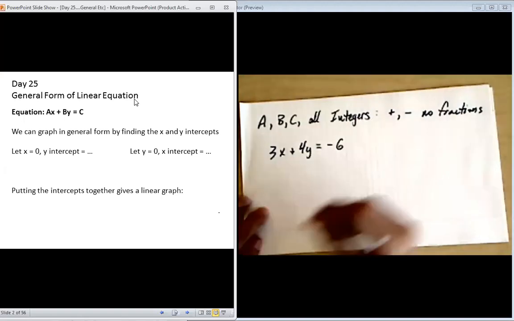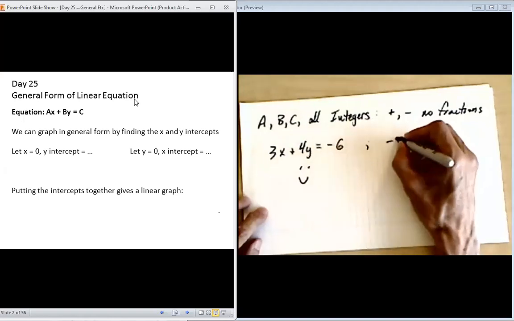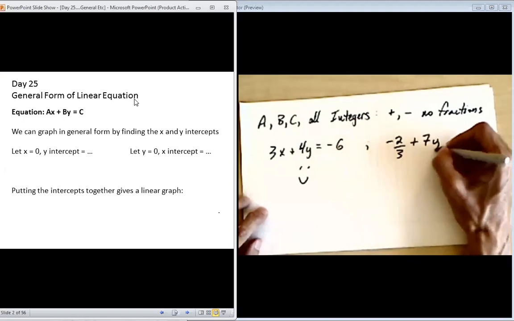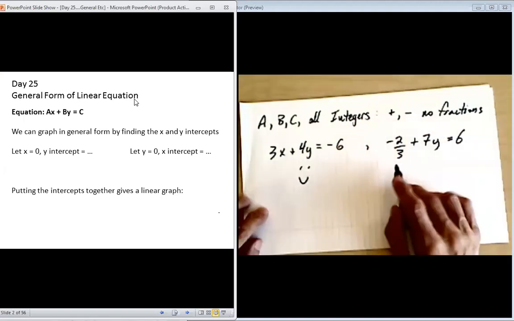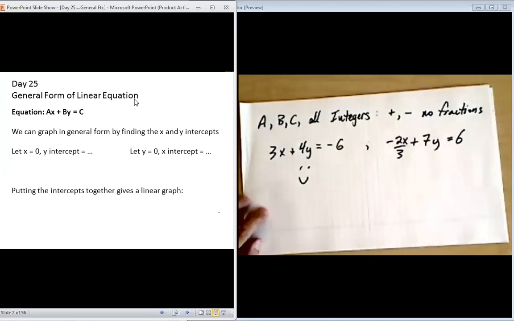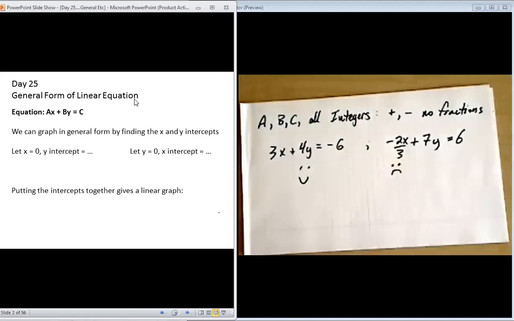But this one, minus 2/3 x plus 7y equals 6. You see how there's a fraction here? That value there is not quite right. There's a trick, or strategy, that we can do.